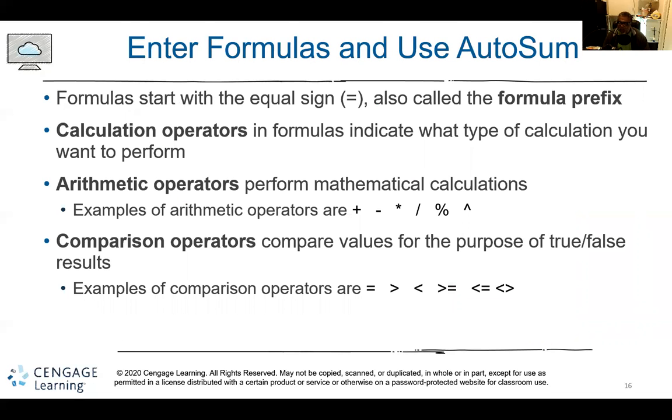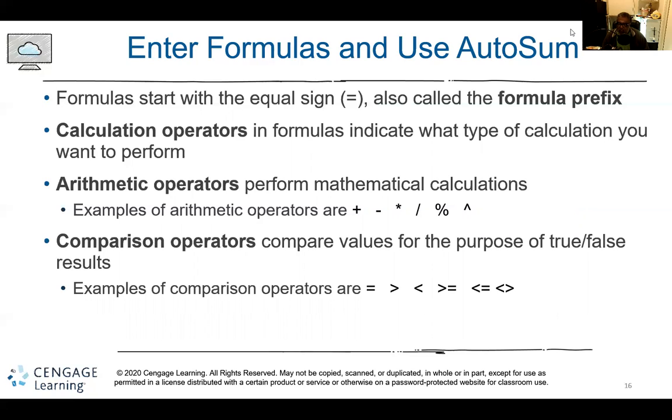Formulas start with an equal sign, also called the formula prefix. All right. So calculation operators in the formula indicate what type of calculation you want to perform. Arithmetic operators perform mathematical calculations.